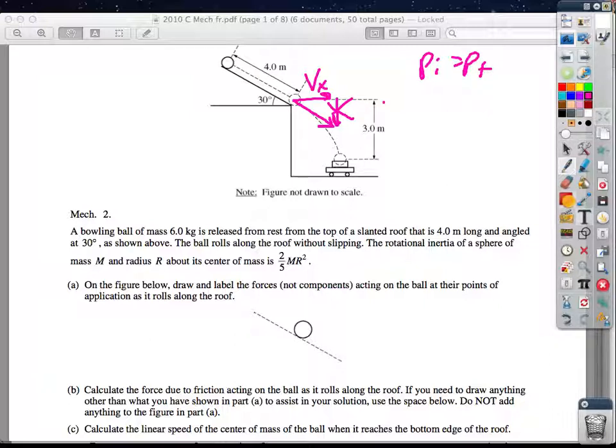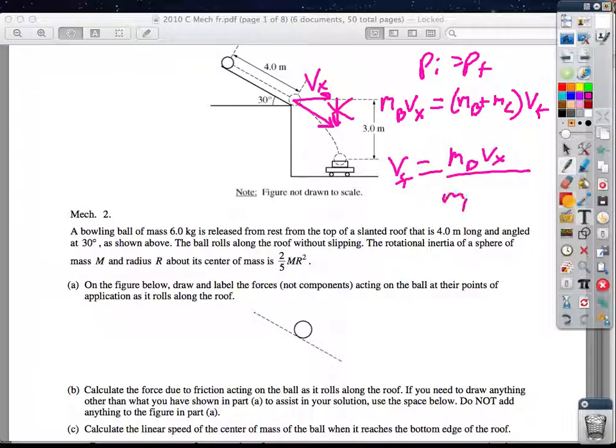So it's going to be mass of the ball times velocity x equals mass of the ball plus mass of the cart times V final. So V final is just going to equal MB Vx over MB plus MC. Right? It's just an inelastic collision. Inelastic collision basically means that they just add together.